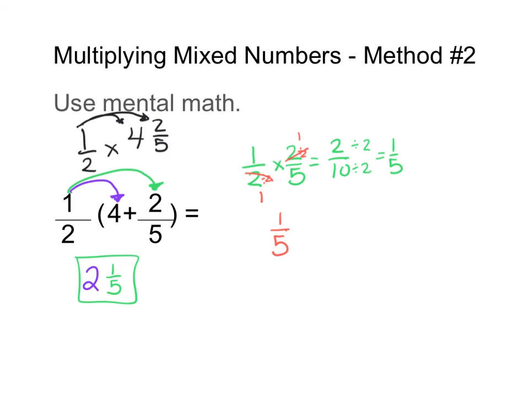So just to go over this problem, how I decided to break it up is this is 4 and 2/5, and you break it up as 4 plus 2/5, and then you just take half of each, and that's how you can do that, okay? So this is the end of multiplying fractions.